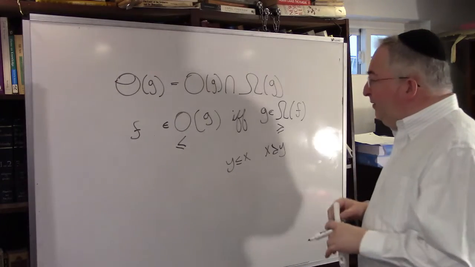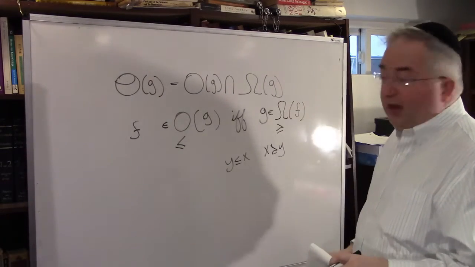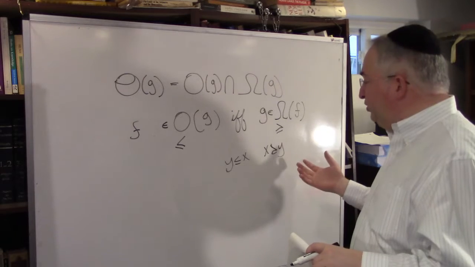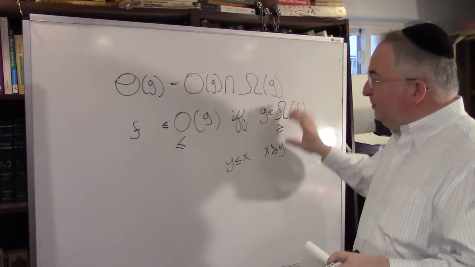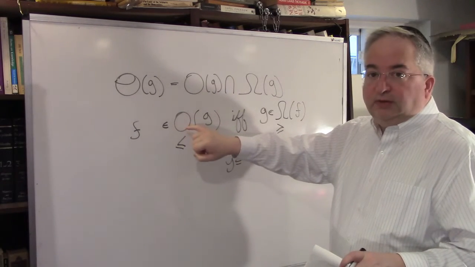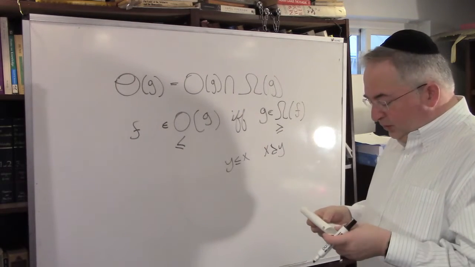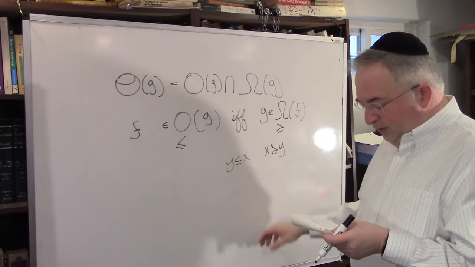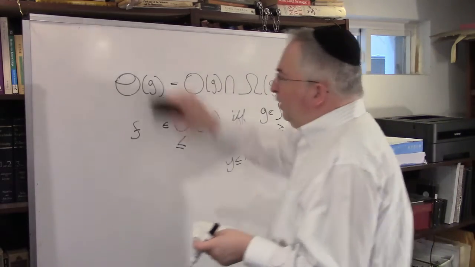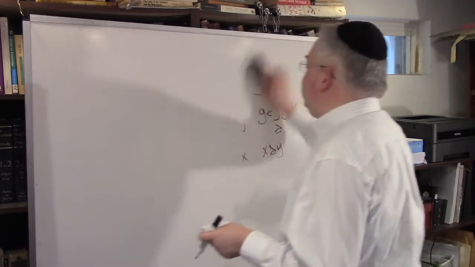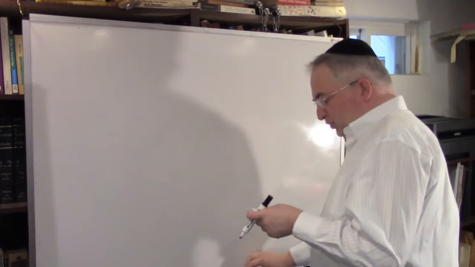So a lot of books do not use this symbol. In fact, our book mentions it, but doesn't really use it. It uses this mostly. Whenever you want to write it, you can write one or the other. One more relationship amongst the classes of functions.